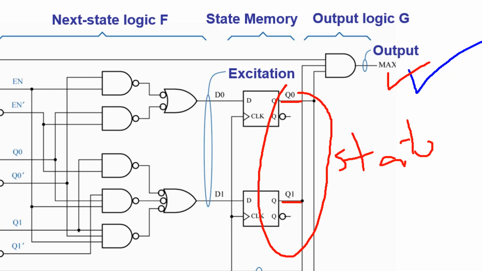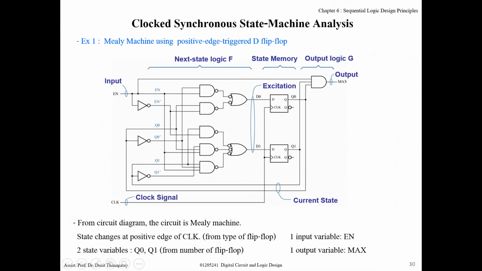Don't forget the state variable. So your output may be a function of state variable and input. For example, output Max equals Q1 and Q0 and input EN. It's a function of state and input, right? This is the output equation.